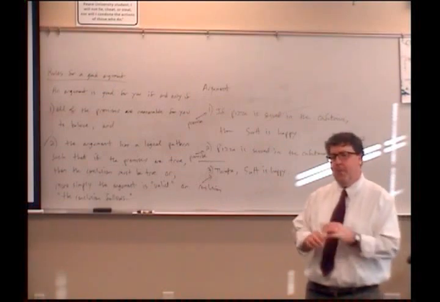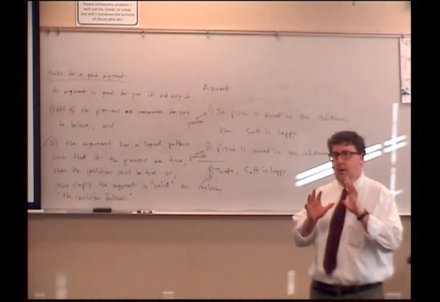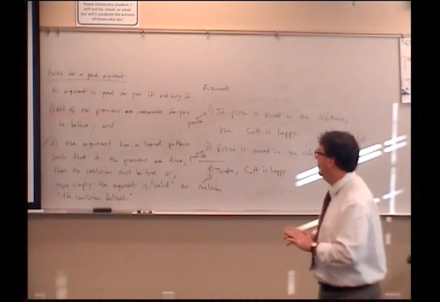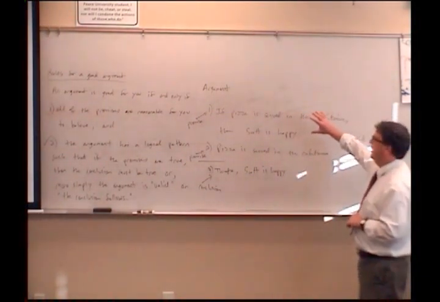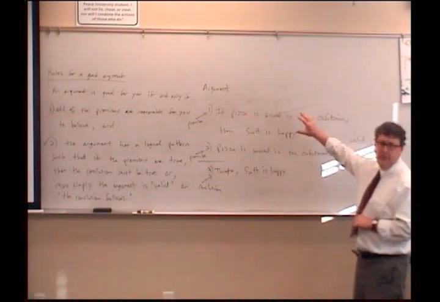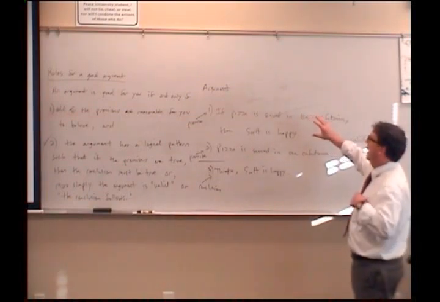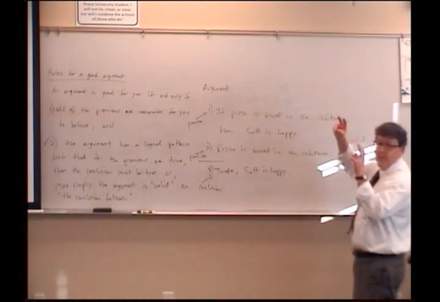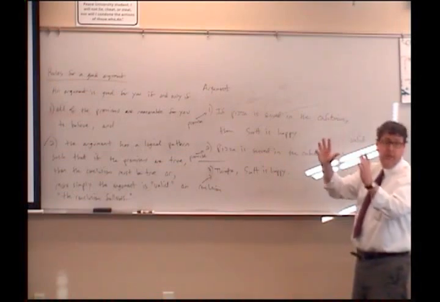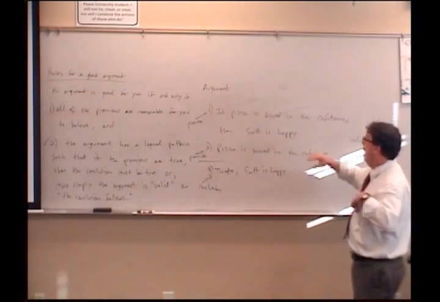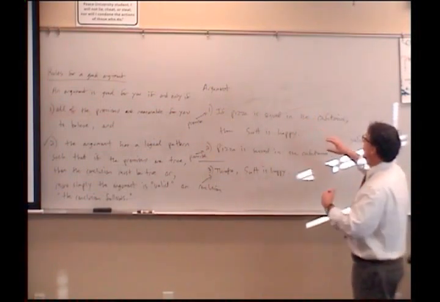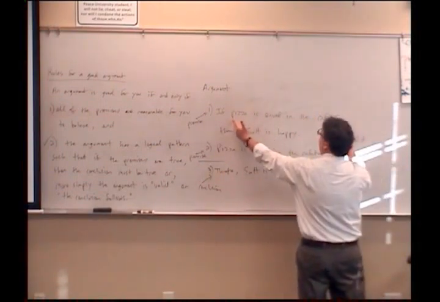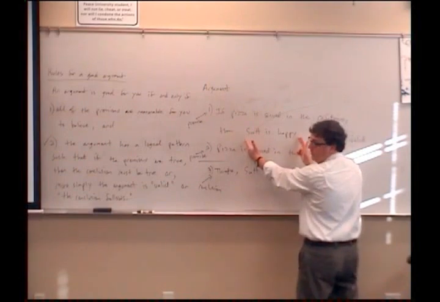All right. So what am I getting at here? The problem with this argument is that when we think about premise one, we find that we don't actually believe it. Premise one is what's called an if-then sentence, or in other words, a conditional sentence, okay? And anytime you see a conditional sentence in this class, what it tells you is whenever the if part is true, the then part is true.